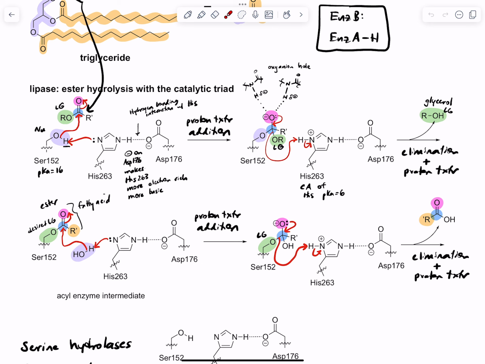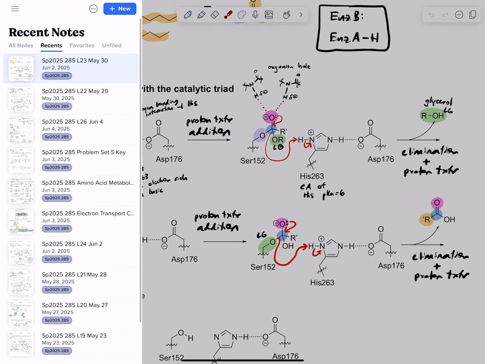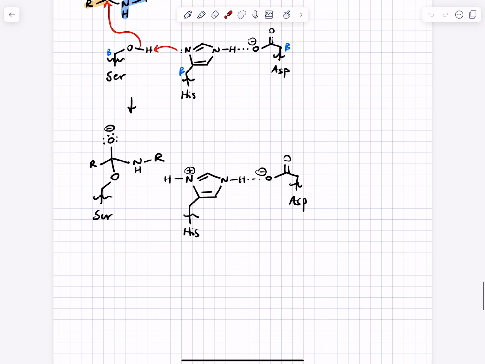The number there refers to, if we were to write out the sequence of the lipase enzyme, it would be more than 263 amino acids long. And the number refers to the position of that particular histidine or serine in that long sequence. I just don't know what the numbers are for trypsin.